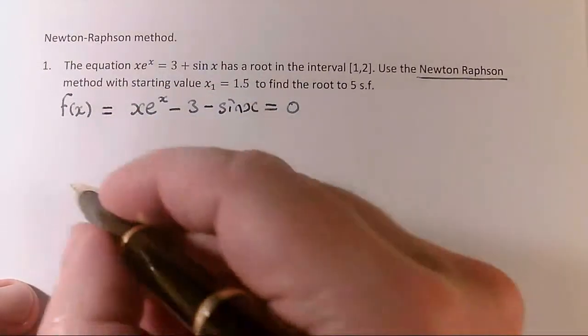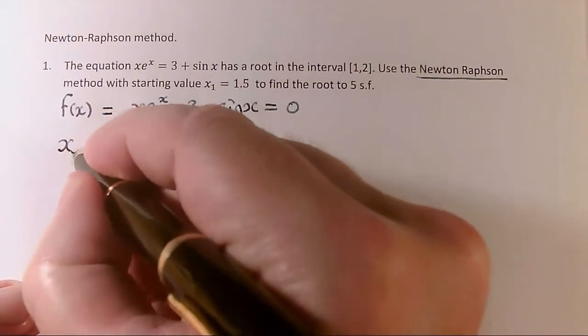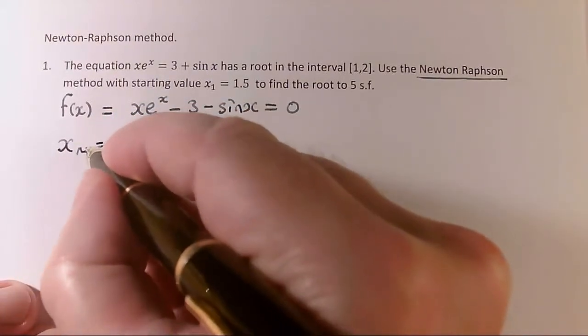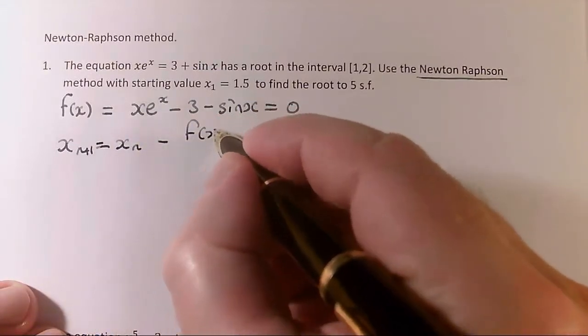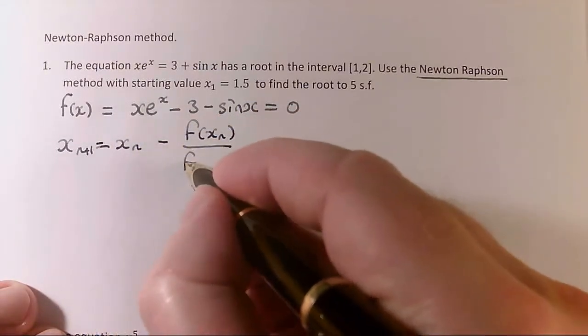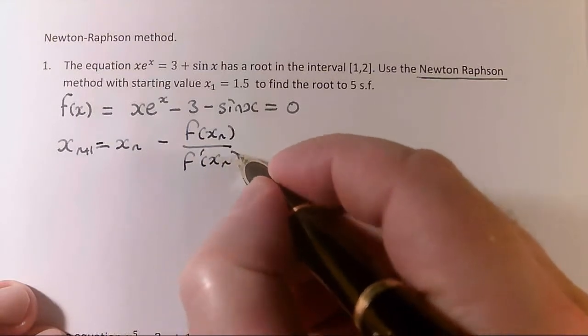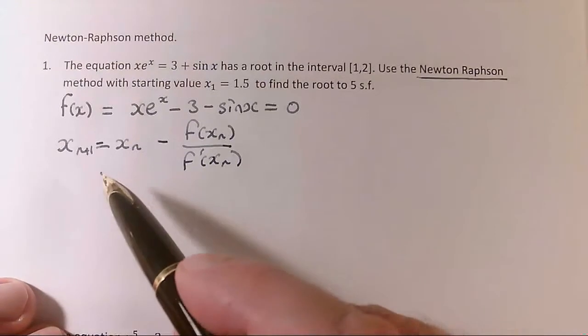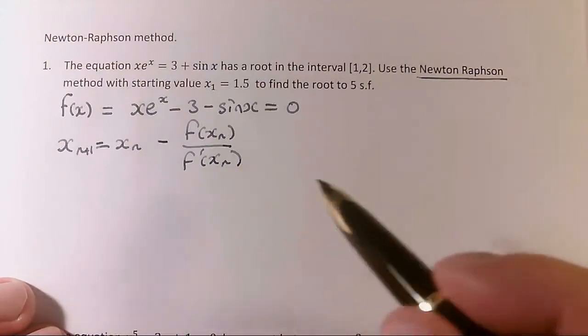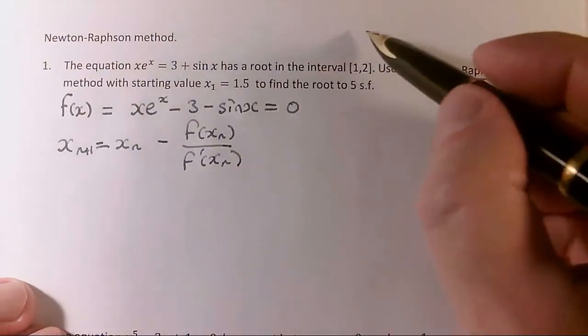The second bit of help from the formula book was that x n plus 1 equals x n minus f of x n over f dashed of x n. And you don't have to memorize that formula. You do have to know that the way this works is that it imagines the graph.